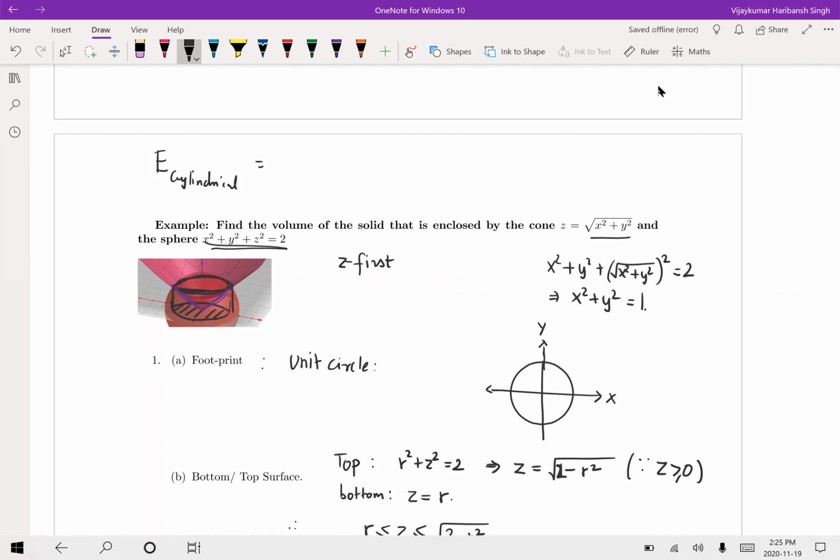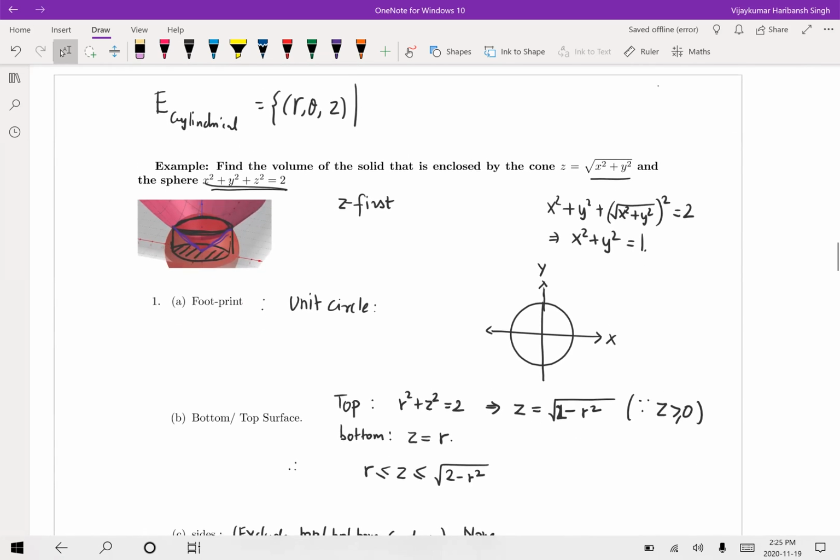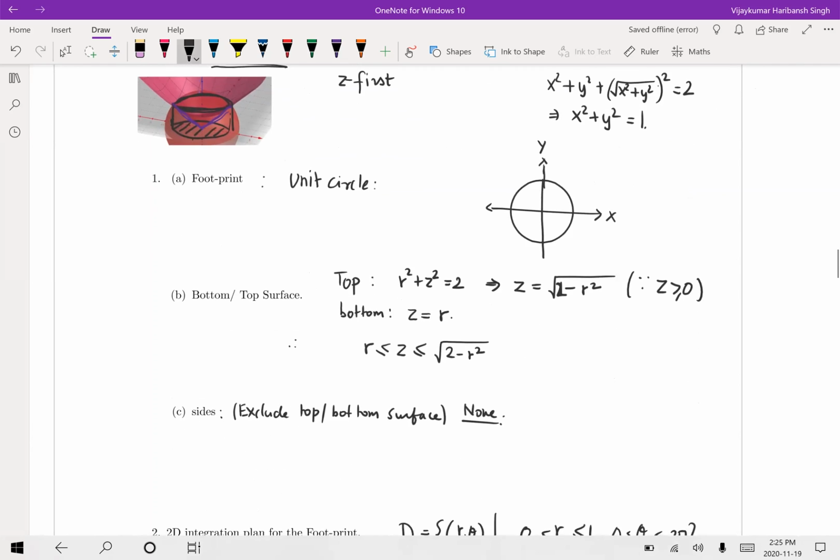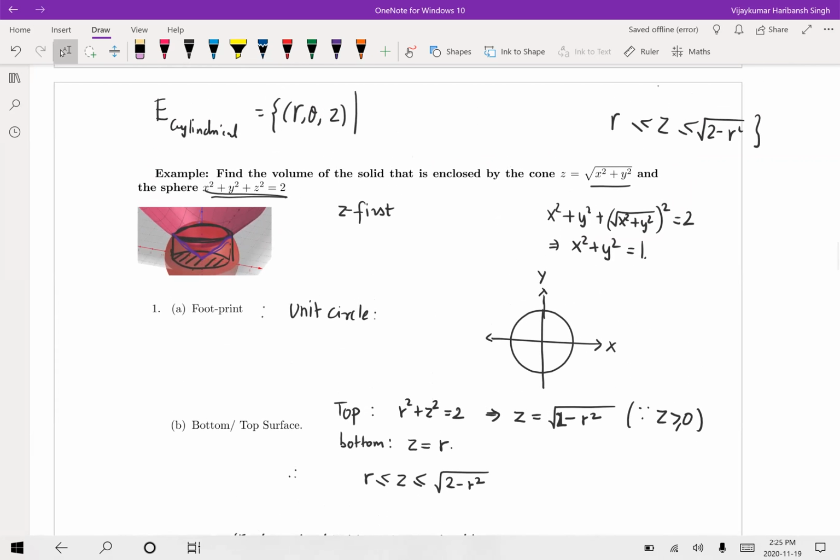You don't need to write that though. (r, theta, z), where z is between r and square root of 2 minus r squared. Then the bottom was a circle, so r was between 0 and 1, and theta was between 0 and 2 pi.